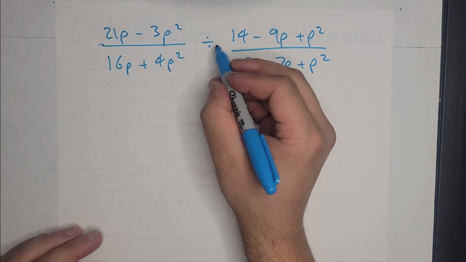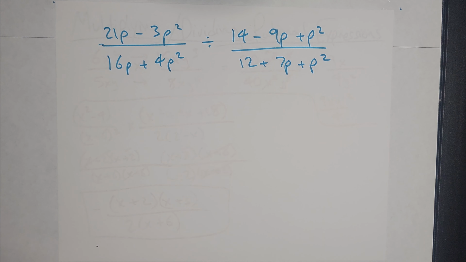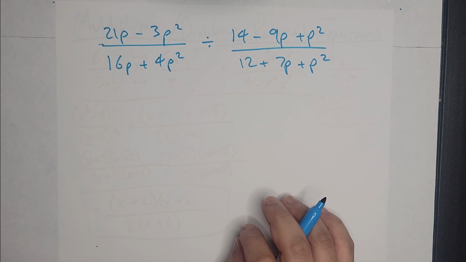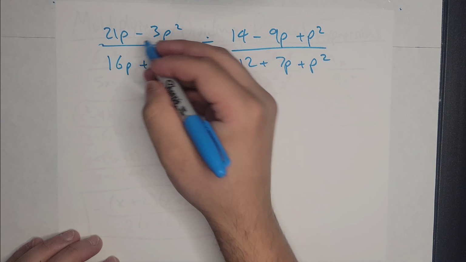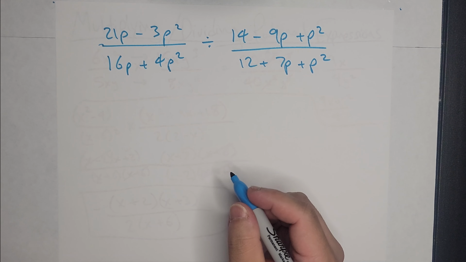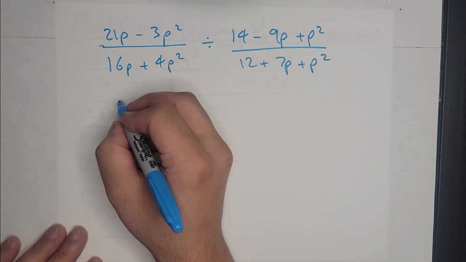So, now that we have a division sign, all we do is flip the fraction. Okay? And then I'm going to rewrite these in ways that I like. I like putting my higher numbers on one side. So, let's factor out a 3p from here first.